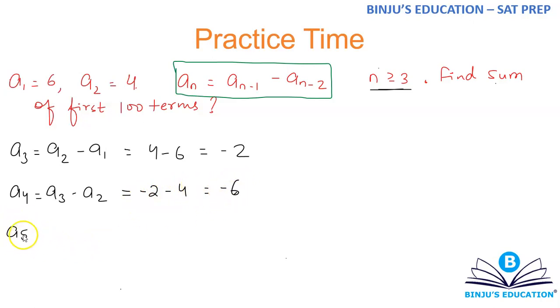Then a of 5 is equal to a of 4 minus a of 3. So that is minus 6, minus a of 3, which is minus 2. So minus of minus 2, which is equal to minus 4.